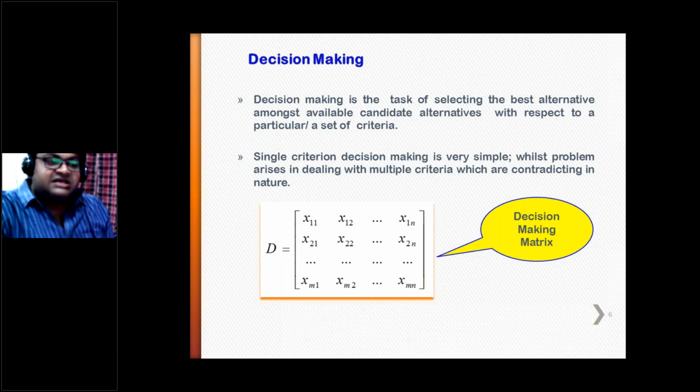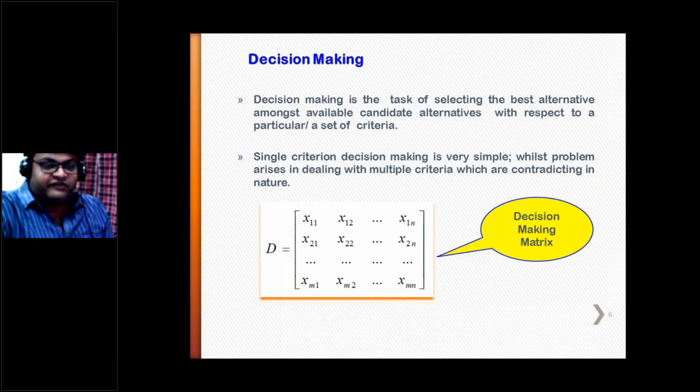By evaluating or assessing the values, you can select the best or rank the candidate alternatives by means of their performance. But when multiple criteria come into the picture, the problem is sometimes criteria are contradicting or conflicting in nature. Then the question arises, what is criteria conflict or criteria contradiction?